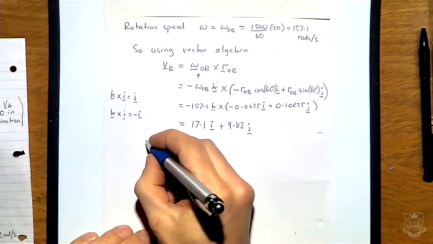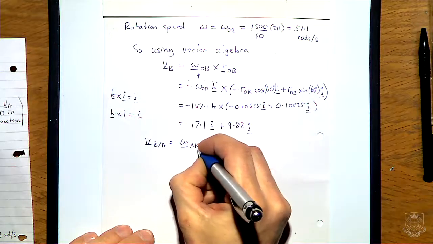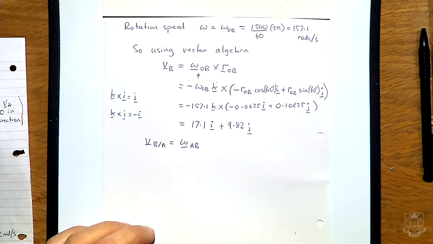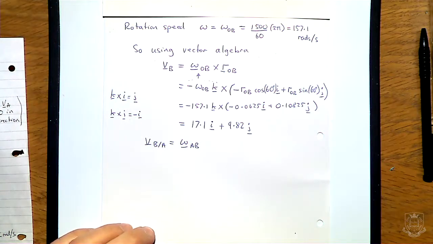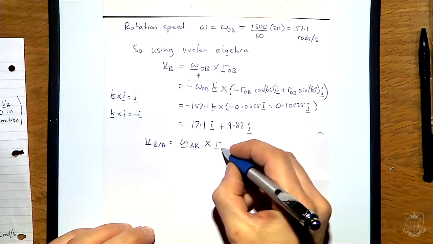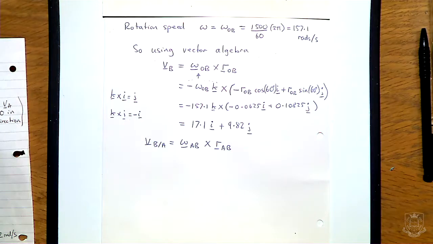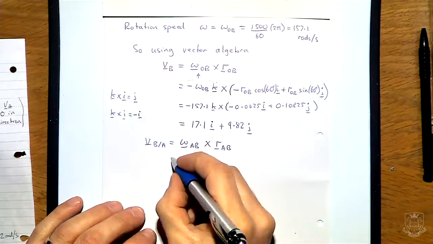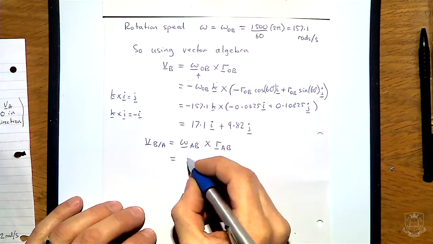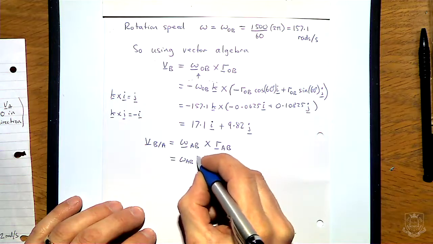So that's what we're going to do. We're going to say that VB with respect to A is equal to omega AB. This is a new rotation vector that I'm putting in, which is assuming the rotation around the point A for the length AB, crossed with the distance vector RAB. That's the length in vector algebra, the i and j components going from A to B. I don't know what this omega AB is, but I do know that this vector is a scalar quantity, omega AB times k.